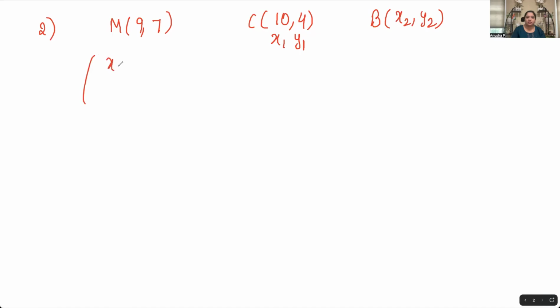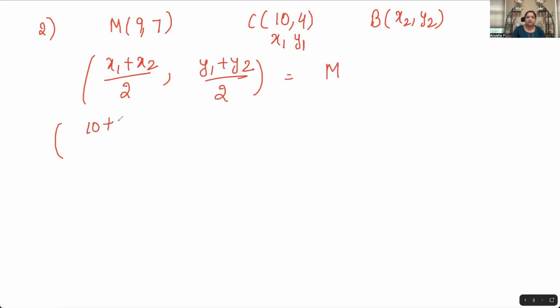The formula: x1 plus x2 over 2 comma y1 plus y2 over 2 is equal to the midpoint M. So 10 plus x2 over 2 comma 4 plus y2 over 2 equals the midpoint 9 comma 7.